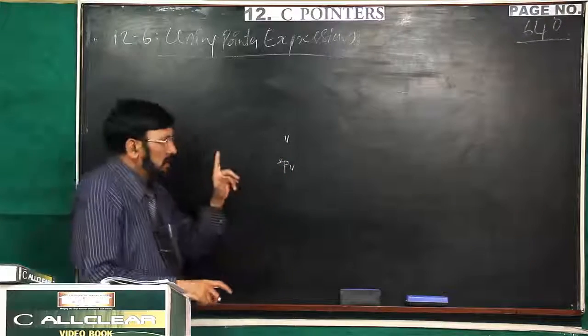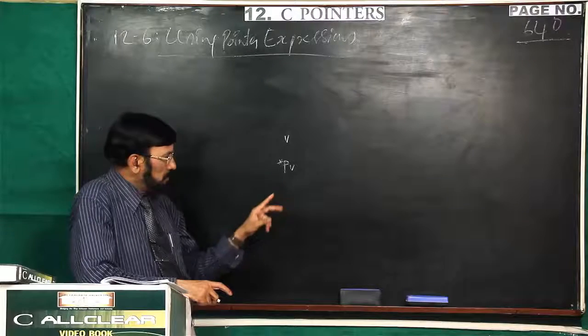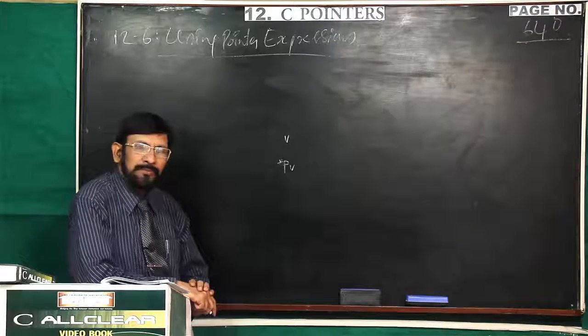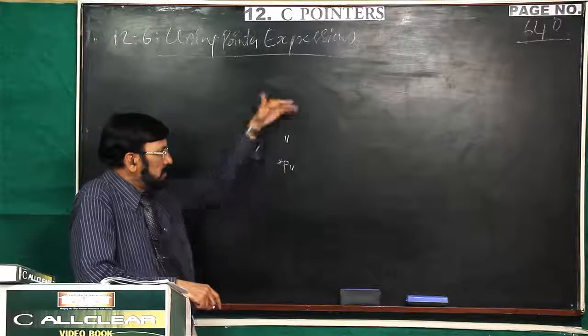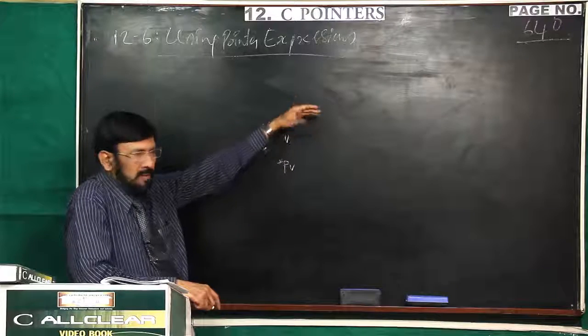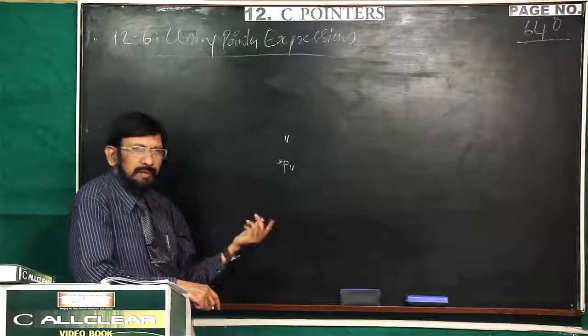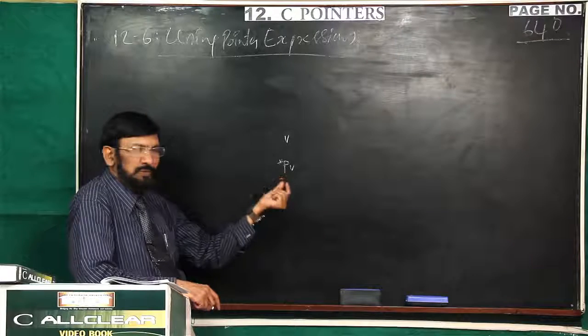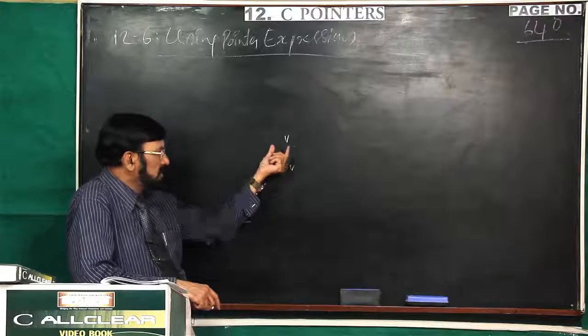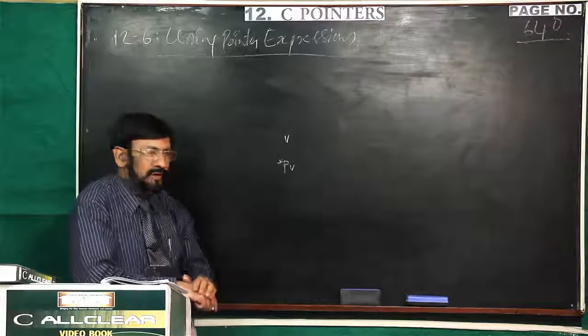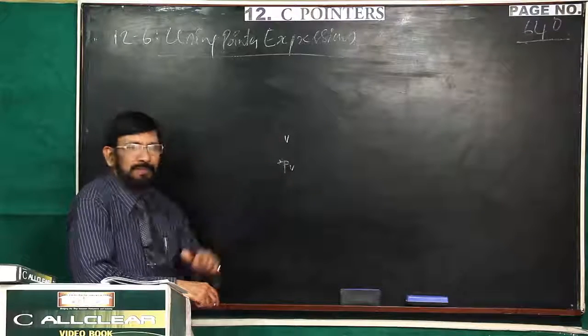Very simple. But before using *PV, you have to implement several other formalities like initializing the pointer. More specifically, you must initialize the pointer. Then you are eligible to use *PV instead of V.